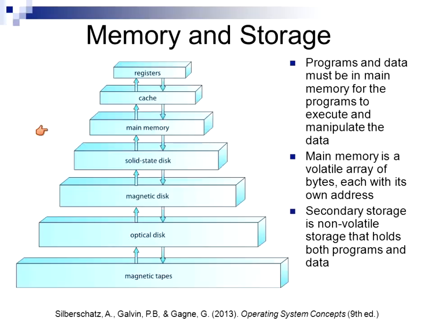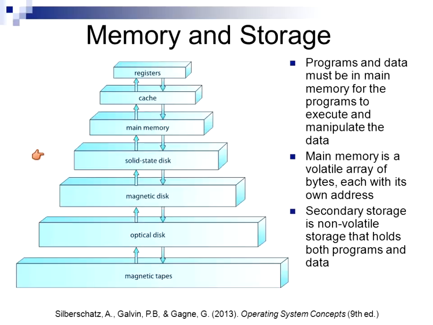That means that when the power goes out, you lose anything that is in those registers, cache, or main memory. Everything from solid state and below is non-volatile. So that's where things are stored more permanently.